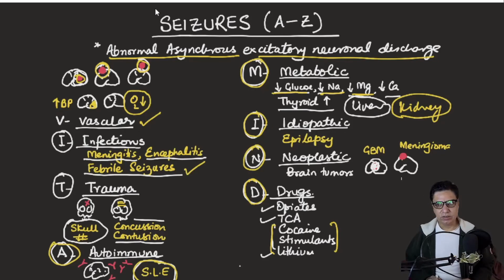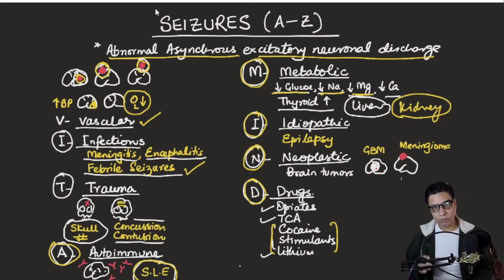Some of the other reasons which can cause seizures are usually more common in adults, like those who are alcoholics and have sudden alcohol withdrawal. Usually, that can also, like Wernicke's encephalopathy, cause seizures, and sometimes deficiency of vitamin B1, thiamine, can also lead to seizures.